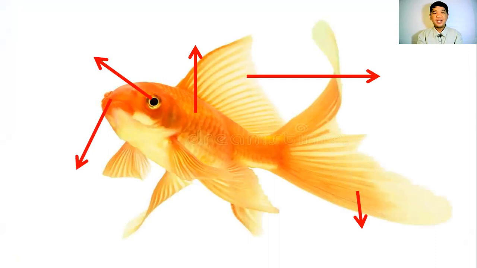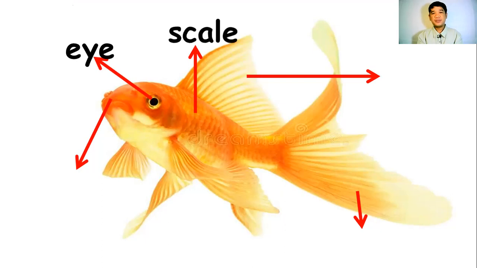Okay, now let's start here. Number one, this is what we call the eye, and then this is what we call the scale. And another one is, this is what we call the fin.